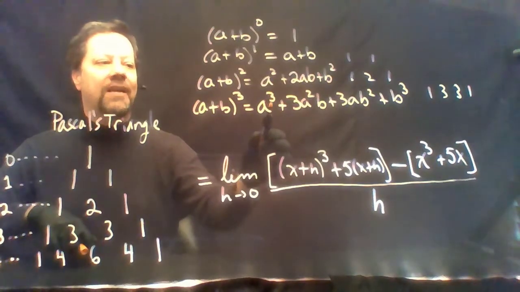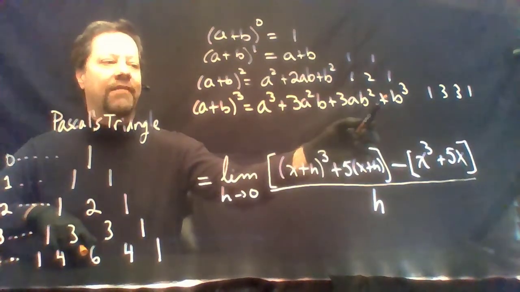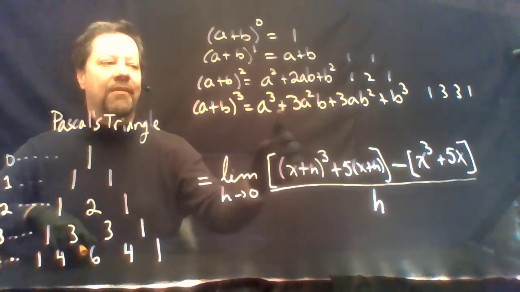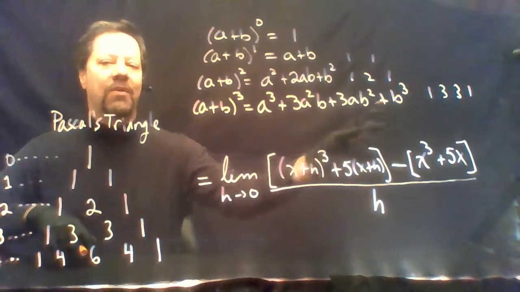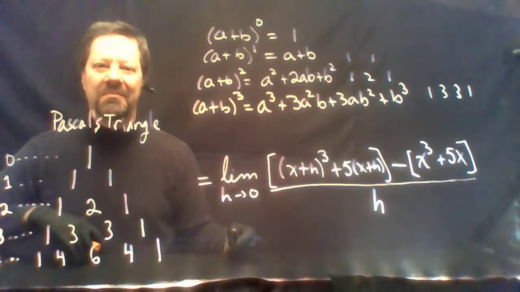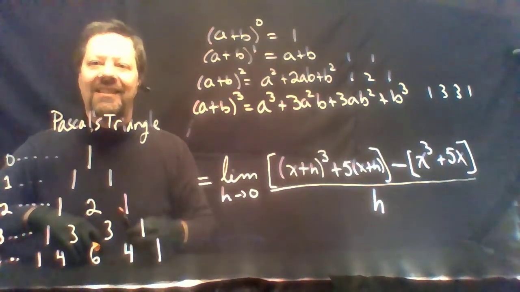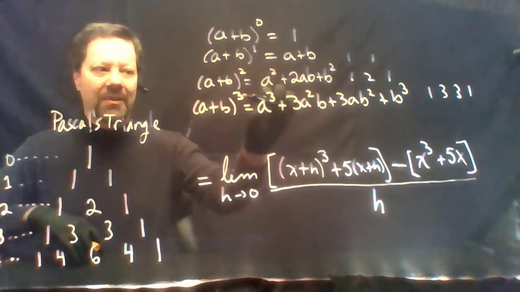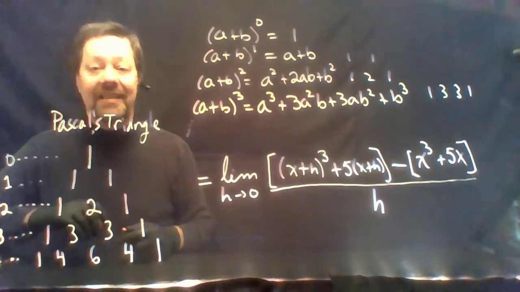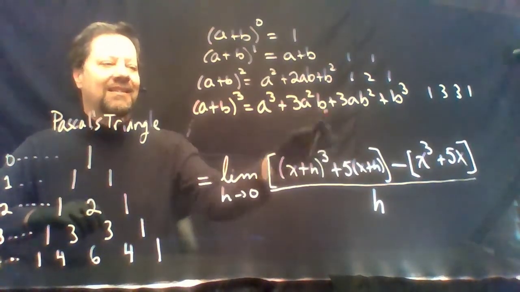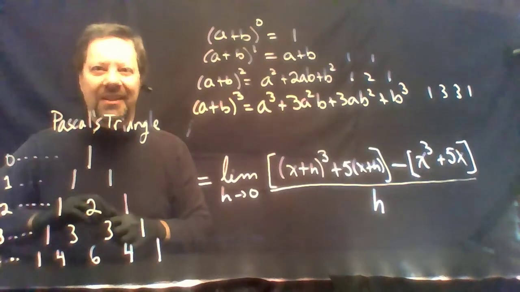Note that the powers on a are decreasing by 1 in every term, whereas the powers on b are increasing by 1 on each term. So you can calculate the power of a plus b to any natural number using Pascal's triangle.